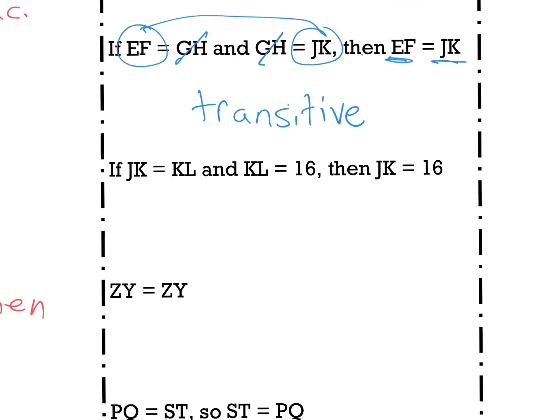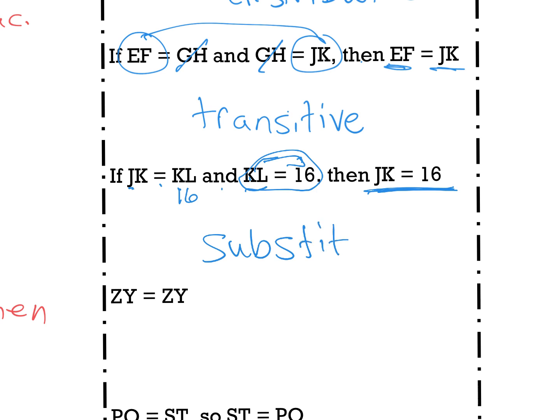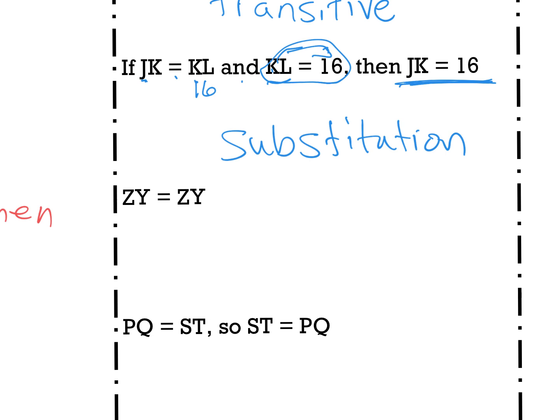All right, let's look at this one. It says JK is equal to KL, and KL equals 16. So if KL equals 16, then JK equals also 16. This is substitution. So everywhere I see a JK or KL, I can put 16. Oh, look at this one.